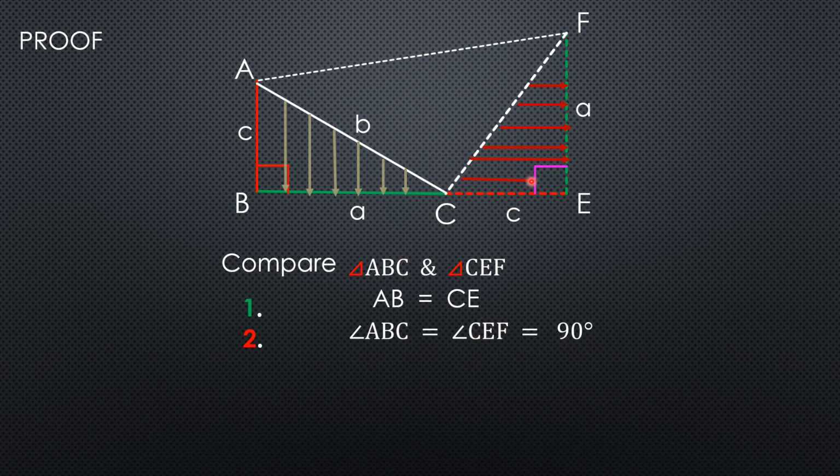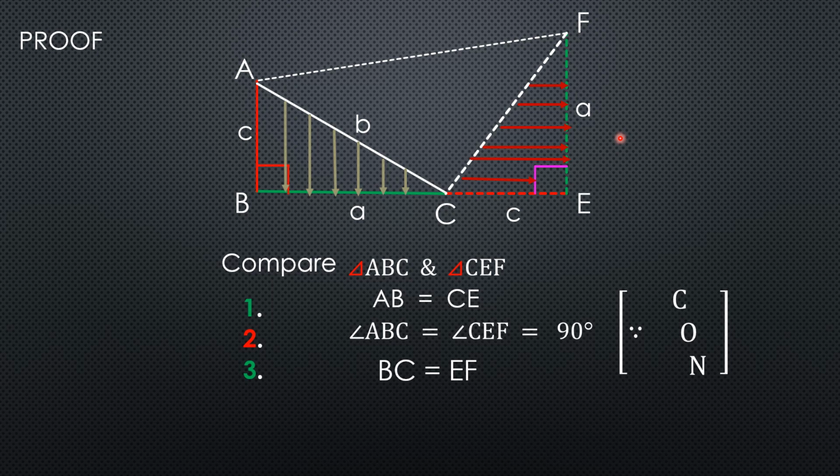This angle is 90, this also is 90. This is because of our construction. Therefore, they are equal. And the third point is BC is equal to EF. The length of BC is equal to the length of EF. This is on account of construction.